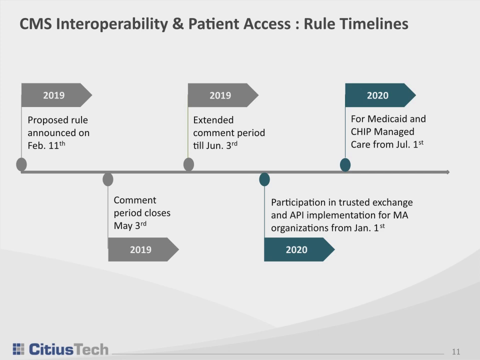And now, as per the implementation timeline, the rule says the API implementation for the MA payers should be by Jan 2020. And for Medicaid and CHIP managed care plans, it should be by 1st of July 2020. And also, the payers need to get registration or participation in trusted exchange networks by Jan 2020.